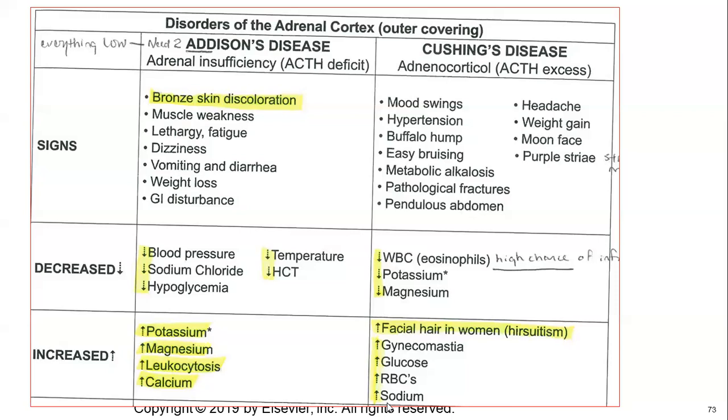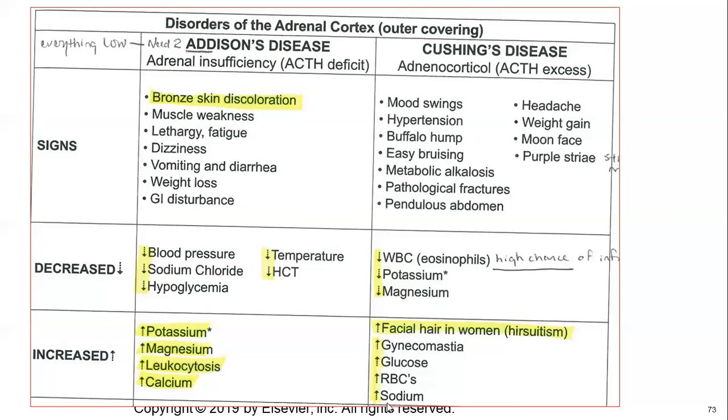It is important you should know that adrenal glands help us to deal with the stress. So if anybody has an imbalance of the adrenal gland, we do not deal with the stress.